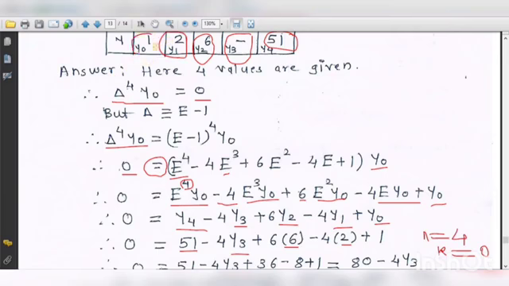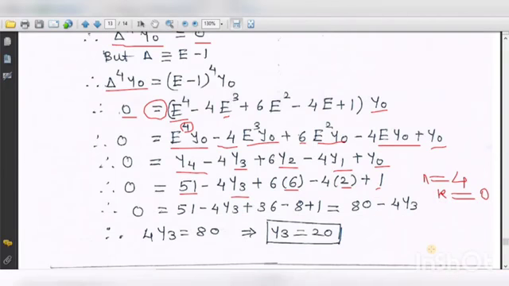And now what we have to do? Only the calculation. It's very obvious now. So 51 minus 4y3, now 6 into 6 is 36 here, 4 into 2 is 8, and 1 as it is.